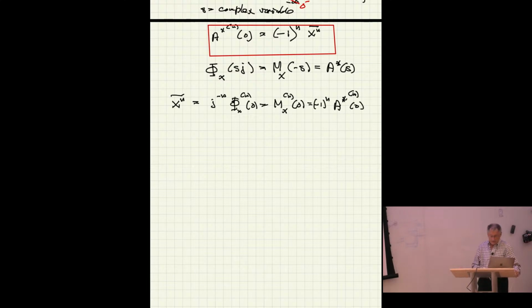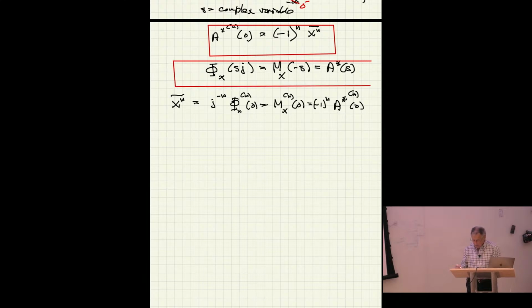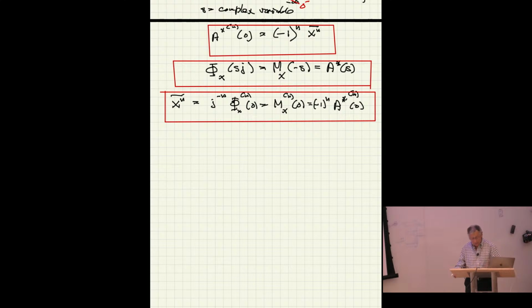Okay, that's a relationship among these three, and that's worthwhile circling as well. Both of these are useful. You'll be meeting them again and again in our studies. So there are three ways to get the moments, all based on similar functions: characteristic function, moment generating function, Laplace transform.